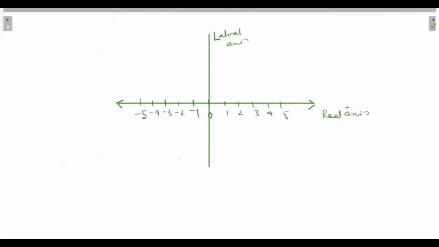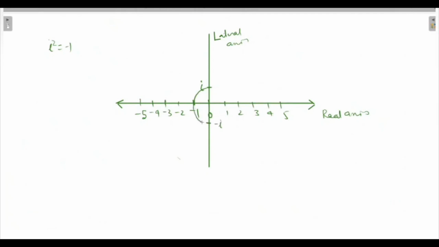So when you have i over here, now when you multiply i with i, we saw that i square is going to be -1. So this will come here when you multiply i. Then you again multiply it with another i, then it will be -i.